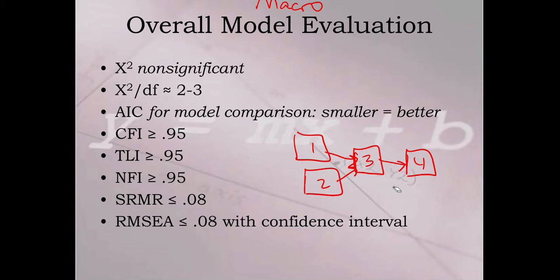And so if we run the model 2 times, I told you some of the best things you can do is to compare 2 models against each other. Both of these models will end up with an AIC value, an Akaike information criterion value, and whichever one has the smallest AIC is considered to be the better fitting model.